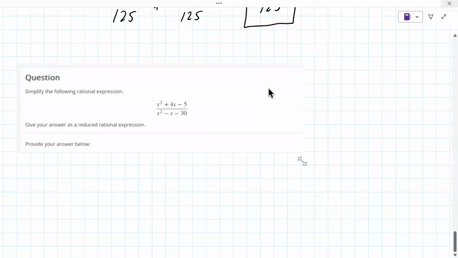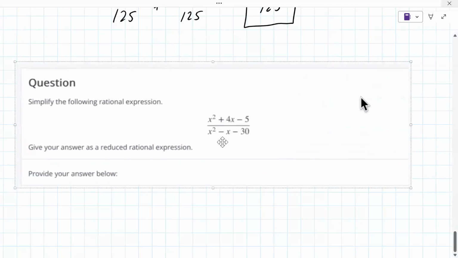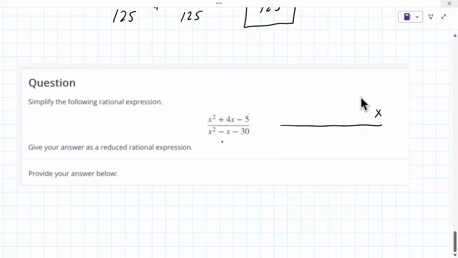Right, so you have to factor both the top and the bottom. In both cases, you're looking for two numbers that multiply to the last, but add to the middle. If we look at the top here, it multiplies to -5 but adds to 4. So that becomes x plus 5, x minus 1. So 5 and -1 multiply to -5, but add to 4.